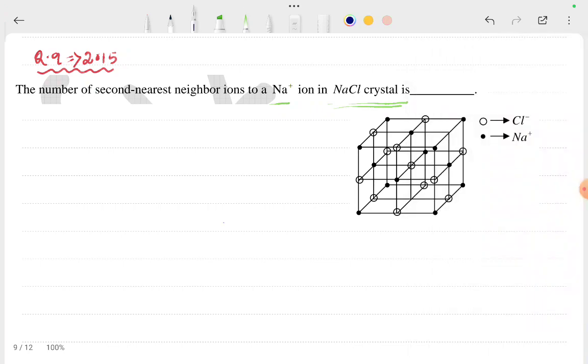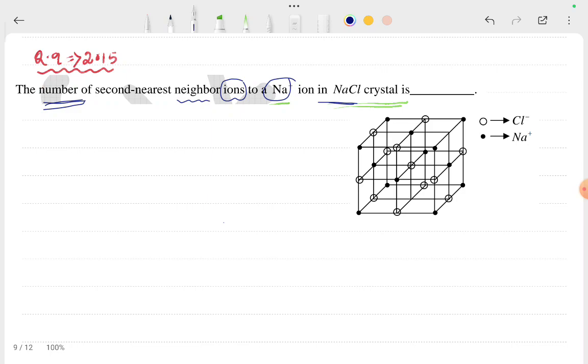NaCl structures, number of second nearest ions. The number of second nearest ions of Na plus ions in NaCl crystals. It asks how many atoms are in the second nearest of the Na plus ion.